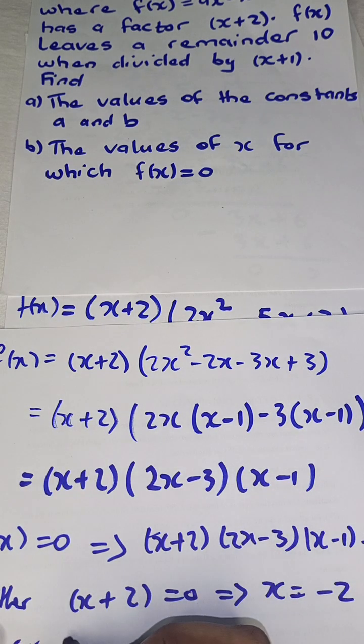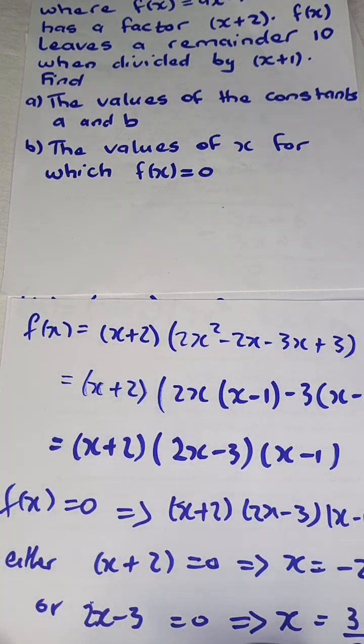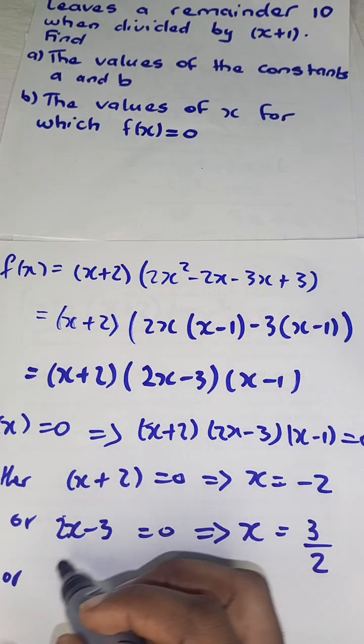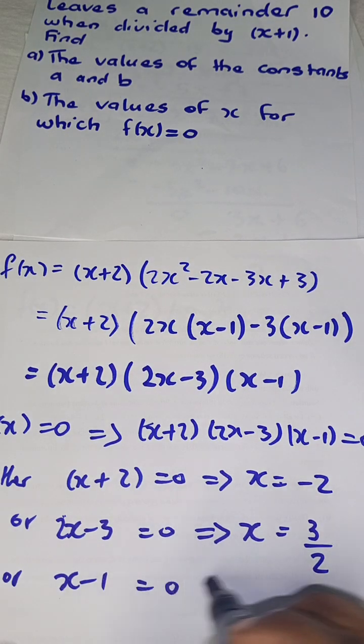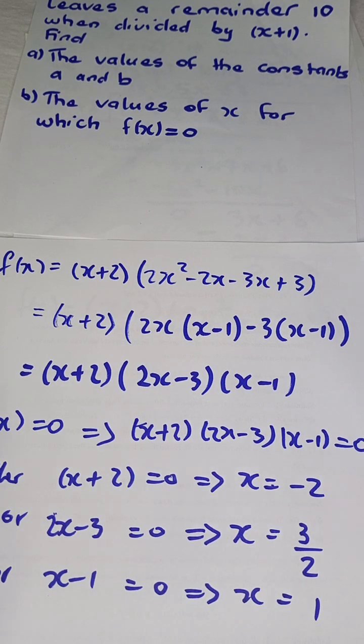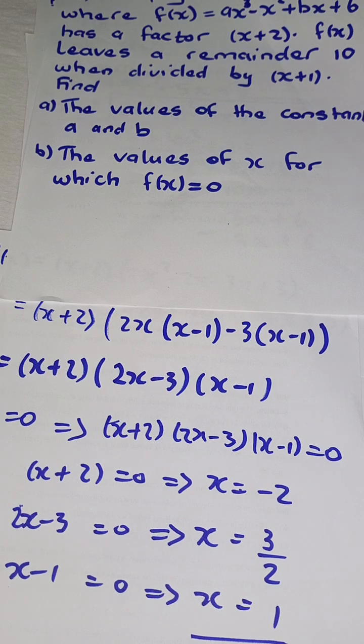Or 2x minus 3 equals 0, implying x equals 3 over 2. Or x minus 1 equals 0, implying x is equal to positive 1. So these are the values of x for which f of x is equal to 0.